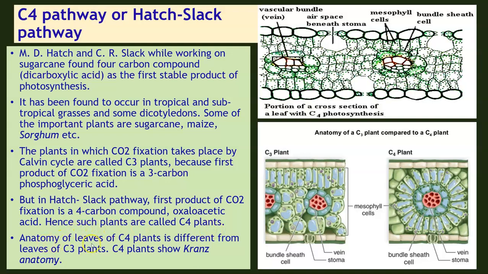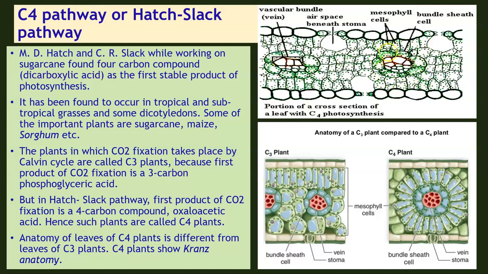Now, the anatomy of leaves of the C4 plant is different from the leaves of C3 plants. C4 plants show Kranz anatomy. Now, to understand what is Kranz anatomy, have a look at this image here. In the leaves of such plants, the palisade tissue is absent. There is a bundle sheath around the vascular bundle. Have a closer look at this image. This is your vascular bundle.